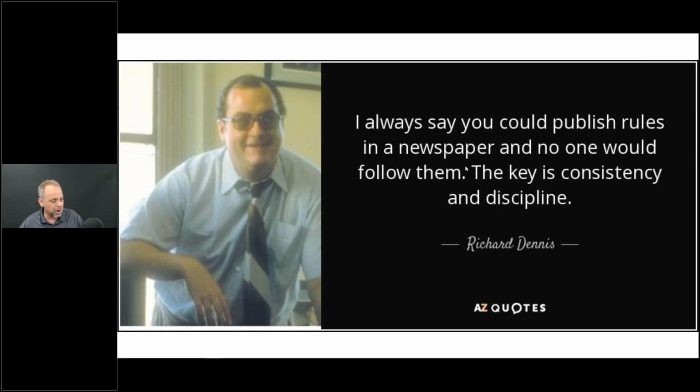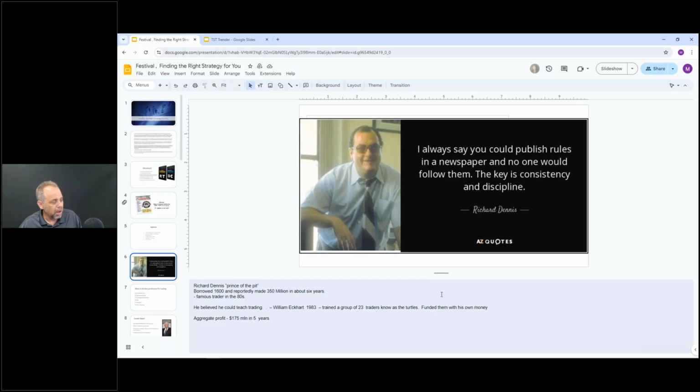I'm going to go back to my notes here. They got together a group of 23 traders, 21 men and 2 women, and they funded them with their own money. They had probably one of the most successful experiences in trading history. They taught everybody how to trade. If people followed the rules, they kept them in the program. If not, they'd eject them.